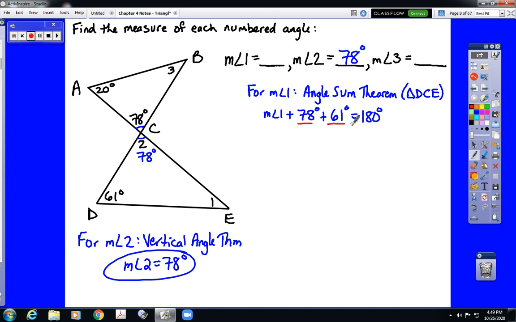We had a problem just like this a minute ago. We're going to combine like terms. The measure of angle 1 plus 139 degrees equals 180. Then we subtract 139 from each side to solve for the measure of angle 1, which is 41 degrees.